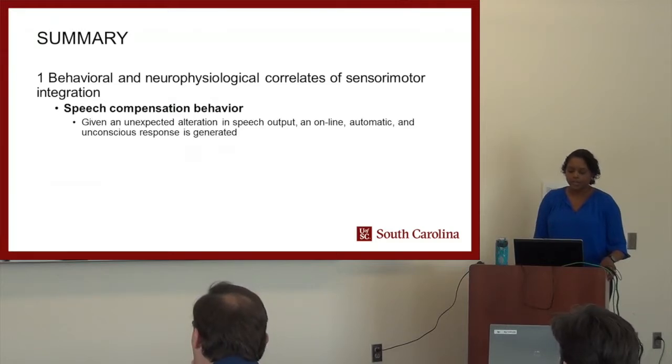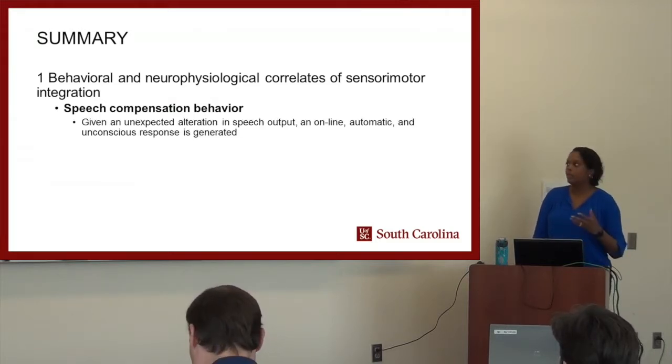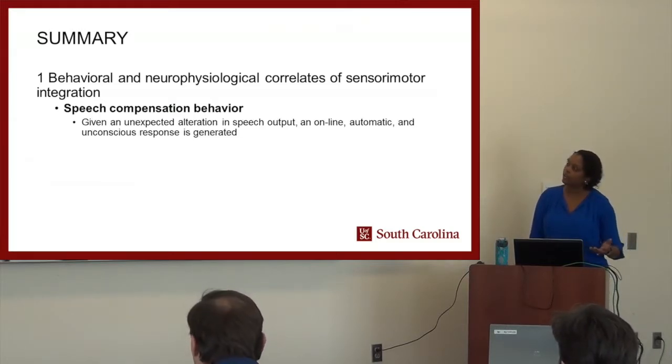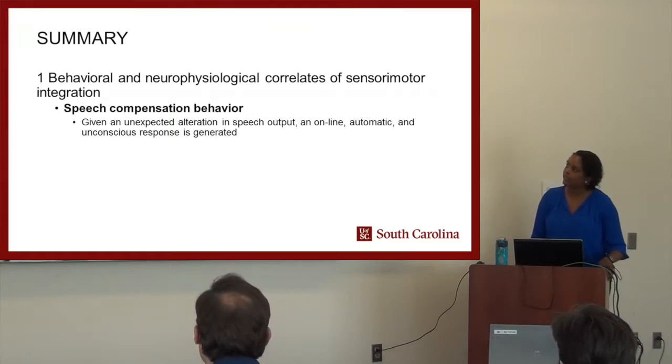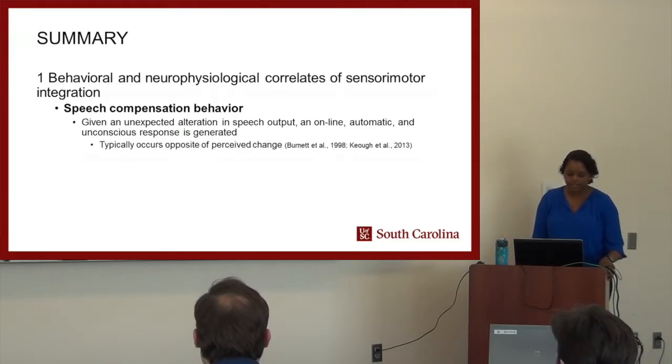So in terms of the speech compensation behavior, we've seen with this and with previous work that given an unexpected alteration in speech output, an online automatic response is generated that typically occurs opposite of the perceived change, and we saw that here.